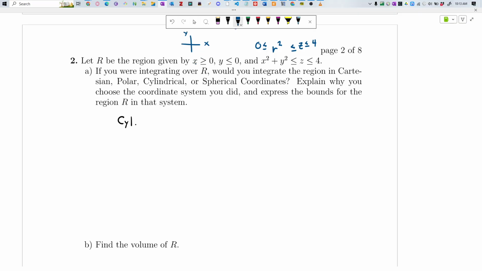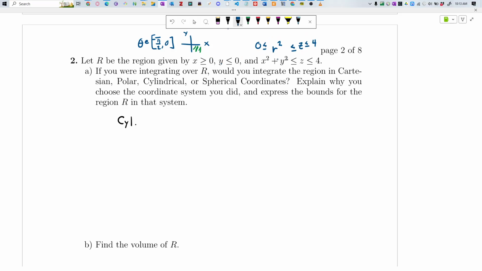So x being positive, y being negative means we're talking about this region there, which tells me that theta goes from minus pi over 2 to 0. Minus pi over 2 to 0 is this quadrant, the fourth quadrant.